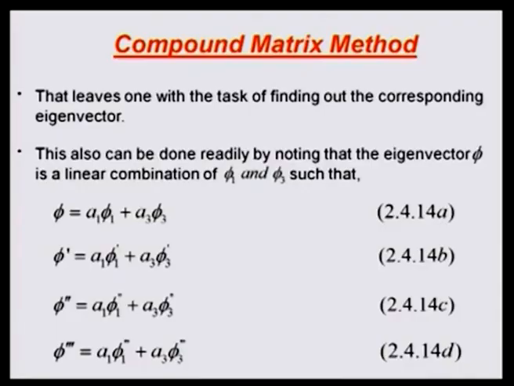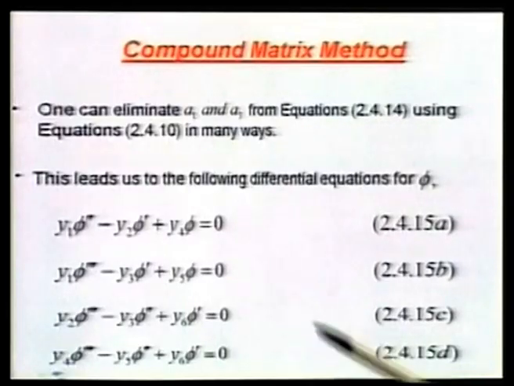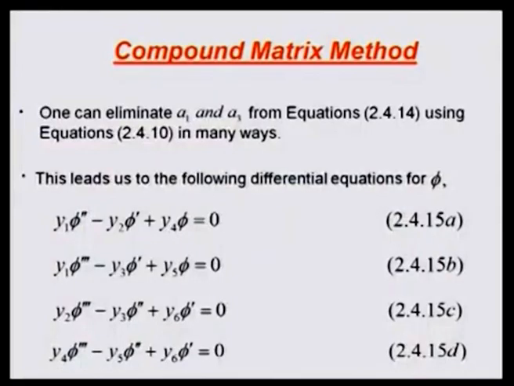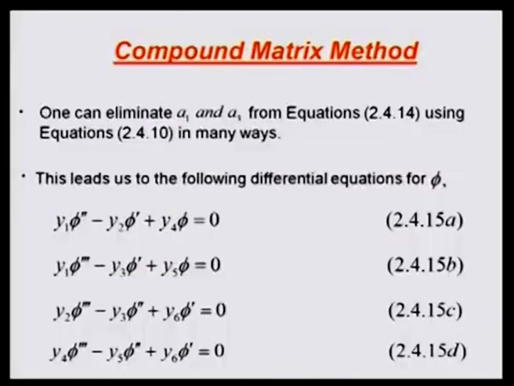Instead, I will ask you to do it and submit it to me. This would be your second assignment, to evaluate these 4 possible combinations of solutions. Basically then there are many ways of eliminating A 1 and A 3, 4 are listed here.